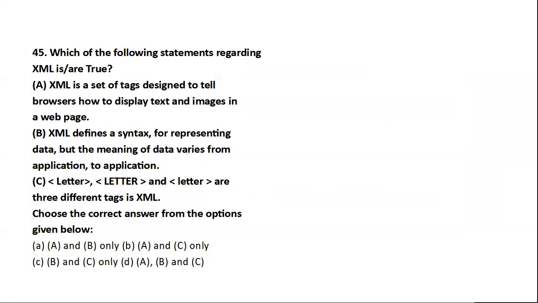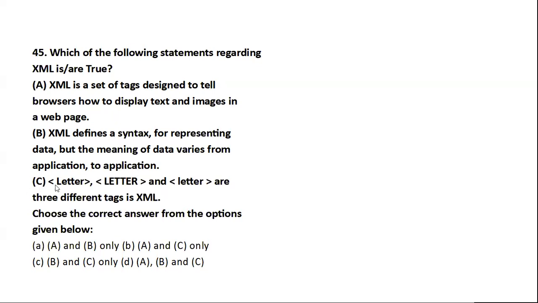Next, which of the following statements regarding XML is true? This is a web technology question. Some statements are given regarding XML. Option A: XML is a set of tags designed to tell browsers how to display text and images in a web page. Option B: XML defines a syntax for representing data, but the meaning of data varies from application to application.